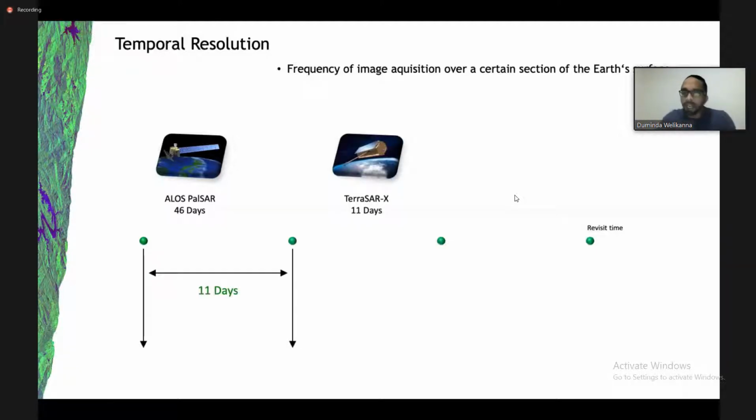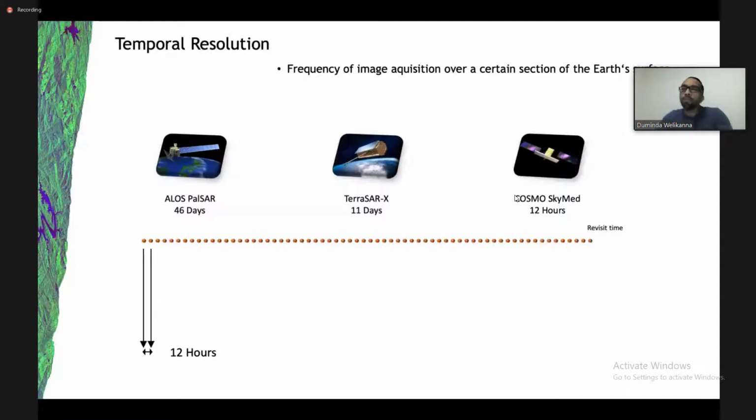But when it comes to TerraSAR, that means German DLR, German Space Agency, X-band synthetic aperture radar, it has much higher temporal resolution. It comes to Colombo today, after 11 days it will capture Colombo, right? So you will have details of today and after 11 days, what happened in Colombo, you will have two.